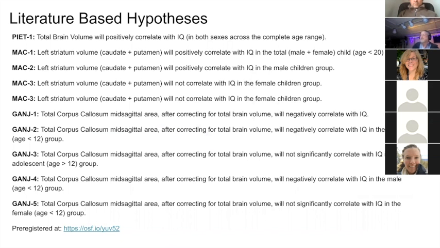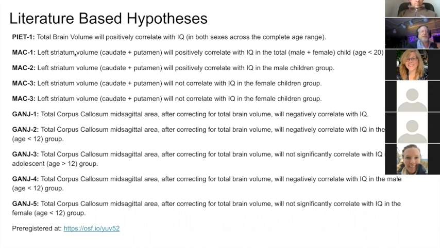From those 3 publications, the specific set of hypotheses that we can generate from all the observations are enumerated here, along with the source code that we're using. Some are related to total brain volume positively correlating with IQ in both sexes across the complete age range.